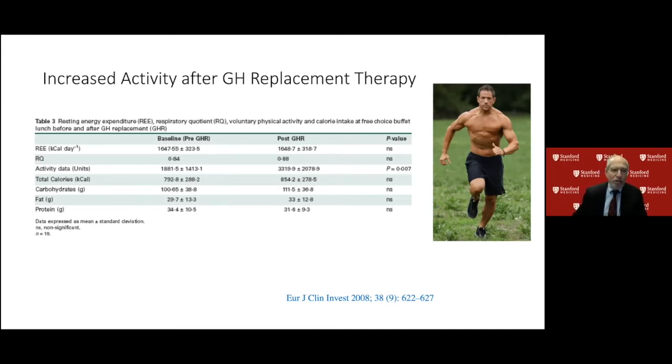And I think you can see that the total amount of activity increased quite dramatically after growth hormone. I like to measure this in my patients by asking them to look at their cell phones and determine how many steps they've been taking over the last couple months. And then when I see them again in 6 months, I like to compare the difference. And I think that in many cases, we see a dramatic improvement in activity.